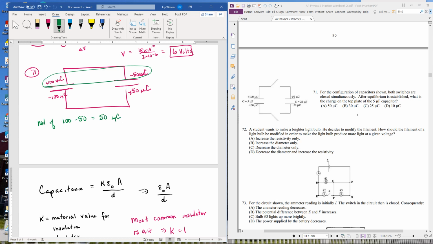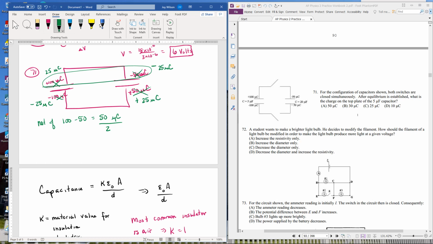And to be equal, we're going to have to divide that by 2. So this one is going to turn into 25 microcoulombs, and this one is going to turn into positive 25 microcoulombs, which means these two at the bottom are going to do the same thing with the opposite signs. So over here, this is your negative on top, and this is your positive on this one, because you always have to have a positive connected to a negative.